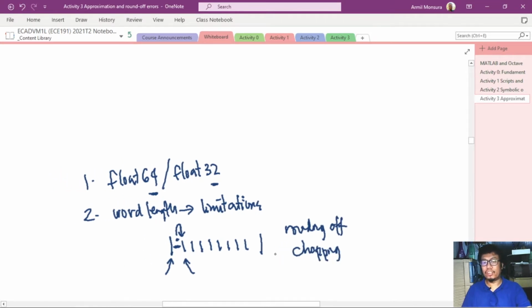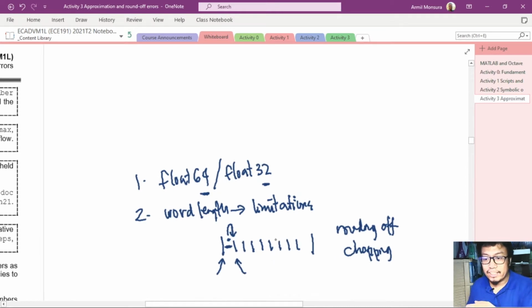Actually, there is a name for that process, in which a number that is not allowed at first is approximated so that it becomes an allowed number. That process is what we call quantization.